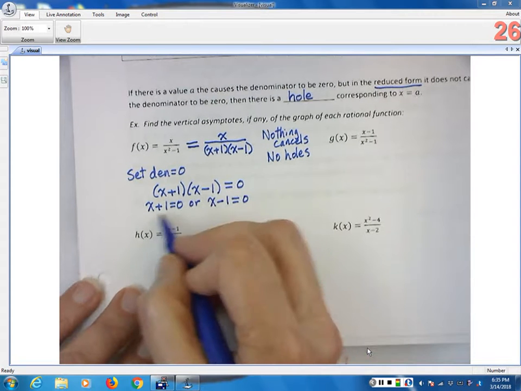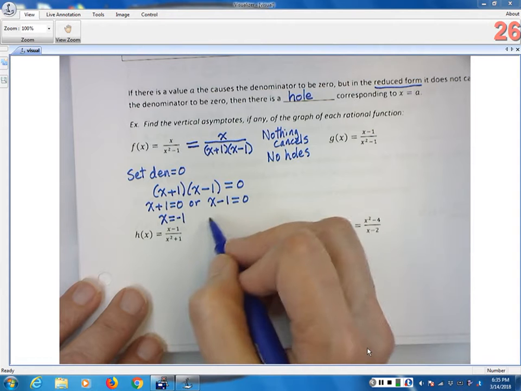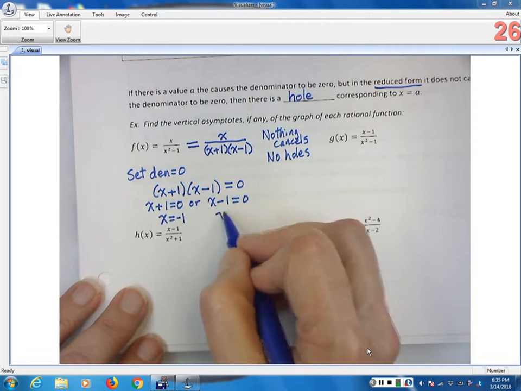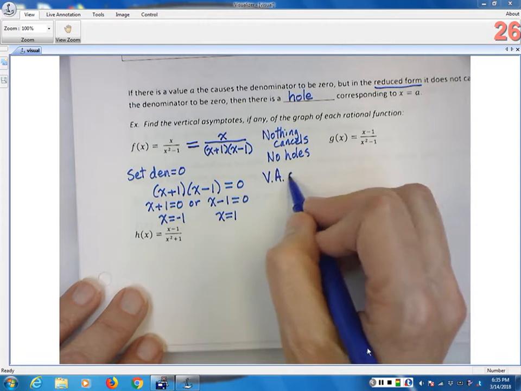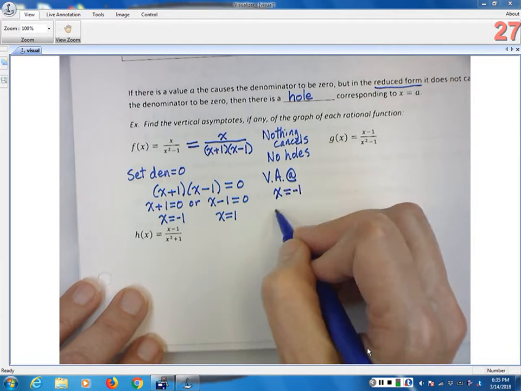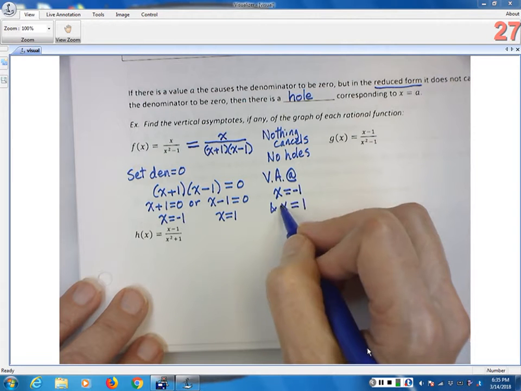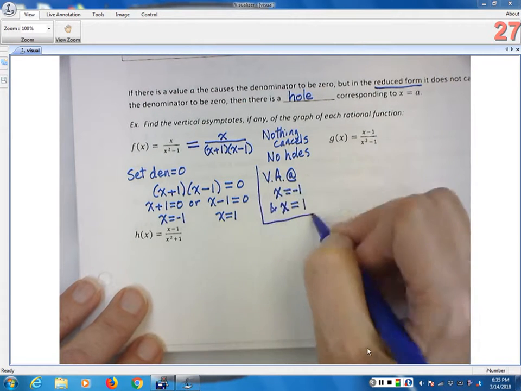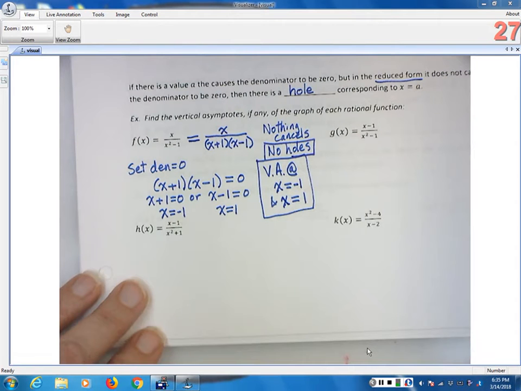So we subtract the 1, we get x equals minus 1. And we add the 1, we get x equals 1. So we have vertical asymptotes at x equals minus 1 and x equals 1. That's our answer. There are no holes if I ask about holes.